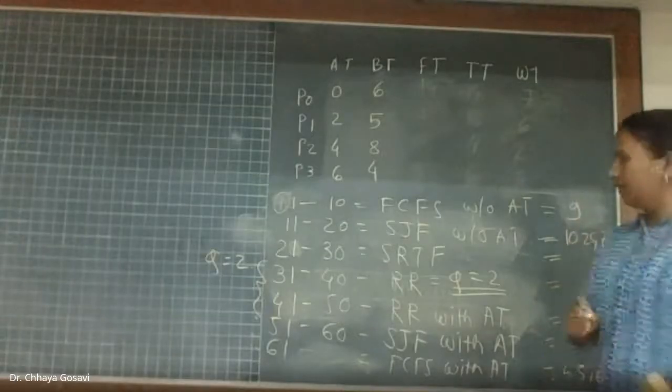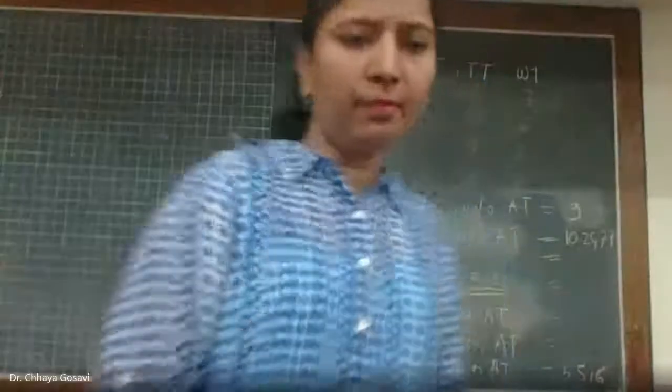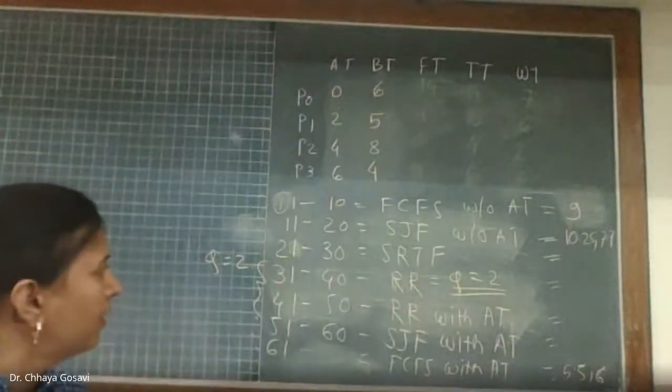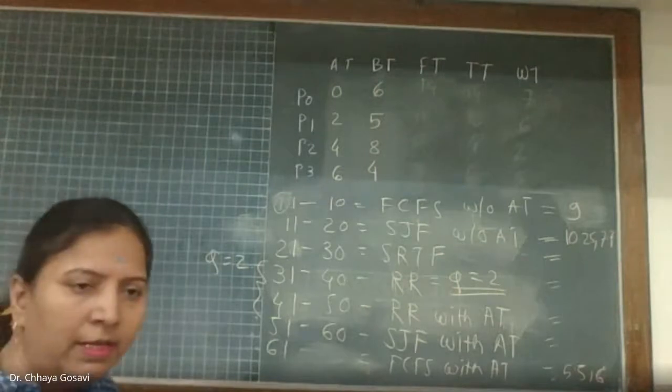Excuse me, ma'am. Yes. Ma'am, for FCFS it is 9. I had calculated it using arrival time accidentally. That's 9. Any other value?